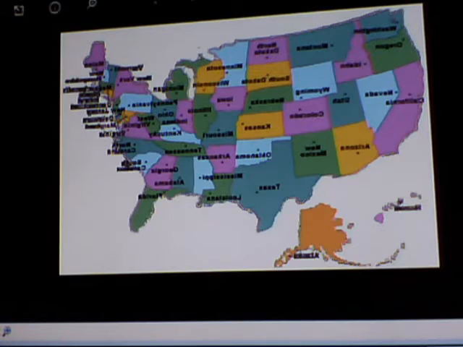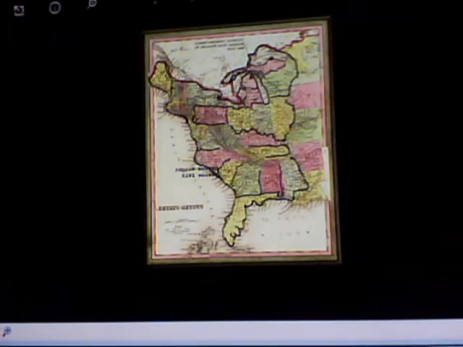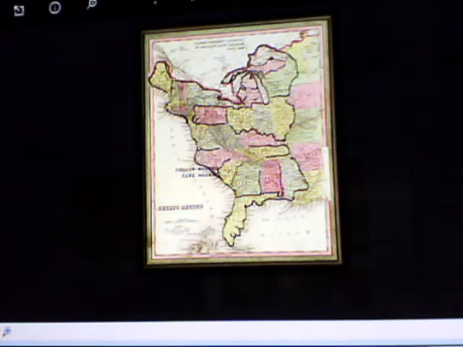And let me see what else we got here. Okay, there you go. Here is another image. I think this is like the fourth image that I'm telling you. This again is that United States map turned upwards.